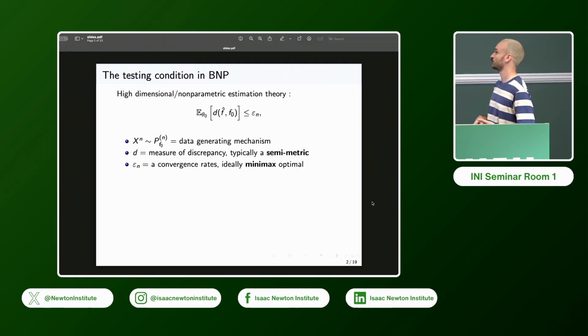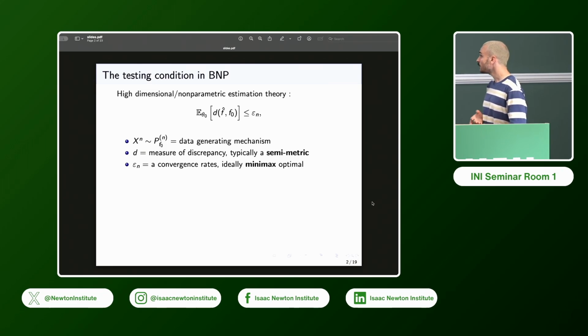And so you produce an f-hat to estimate f-naught, and then you choose a measure of discrepancy d, and what you would like to do is to ensure some bound of this form. It can be an expectation, can be a probability, but you want to ensure that the distance between f-hat and f-naught is small, depending on how we choose this measure of distance.